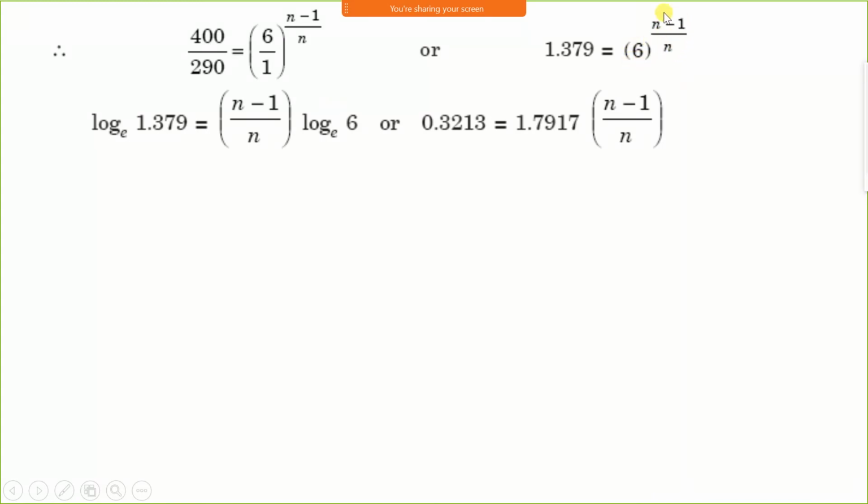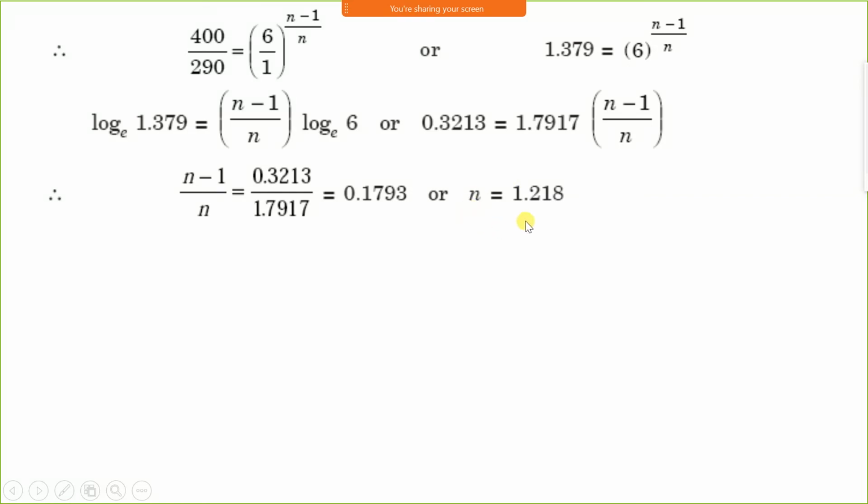When we apply the log, the power comes down, that is, ln 1.379 is equal to (n minus 1) upon n times ln 6. When we solve this term, we get 0.3213, and the other term is 1.7917, and this term is left as it is, (n minus 1) upon n. Now simplifying, we get the value of n as 1.219.